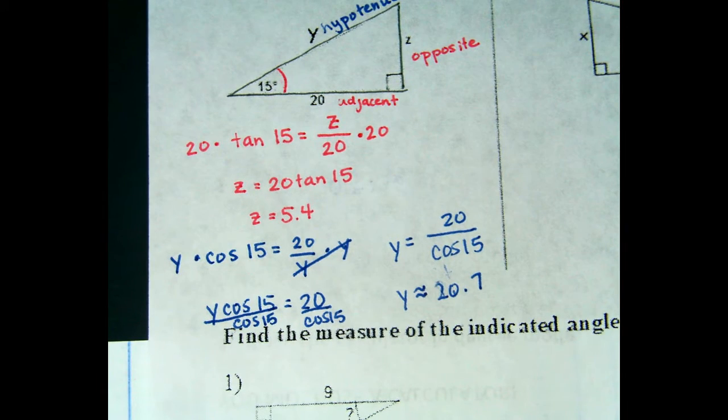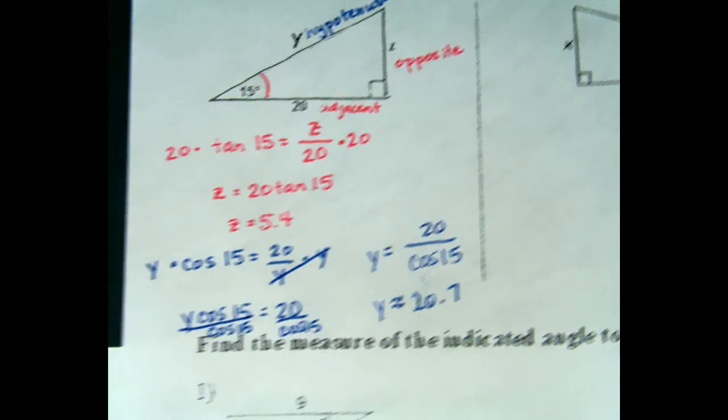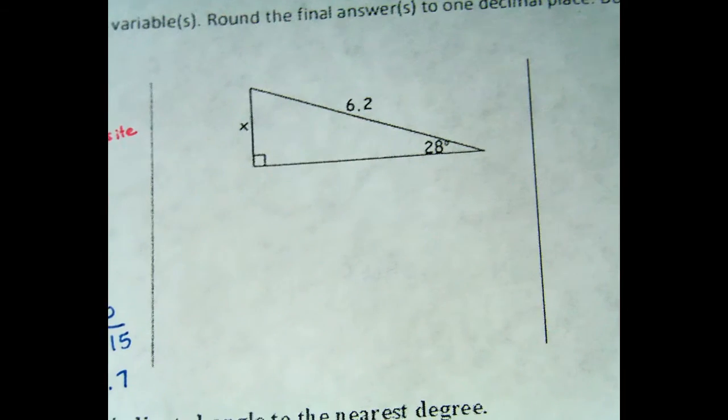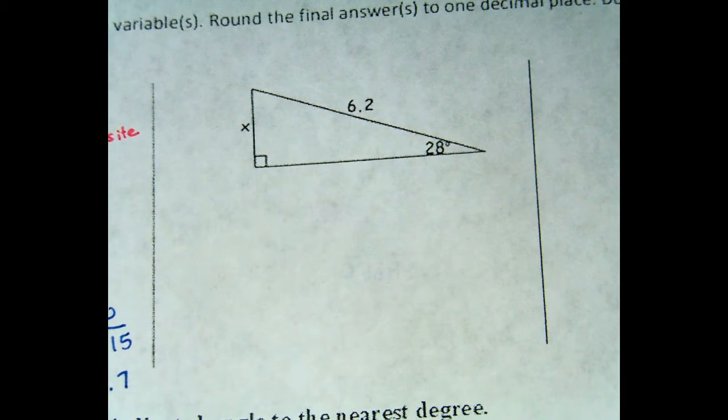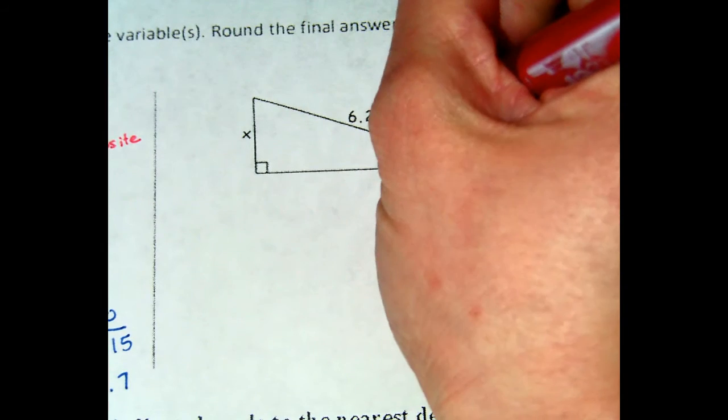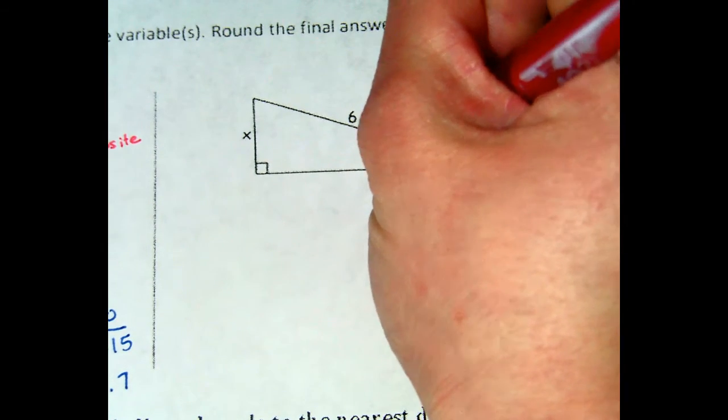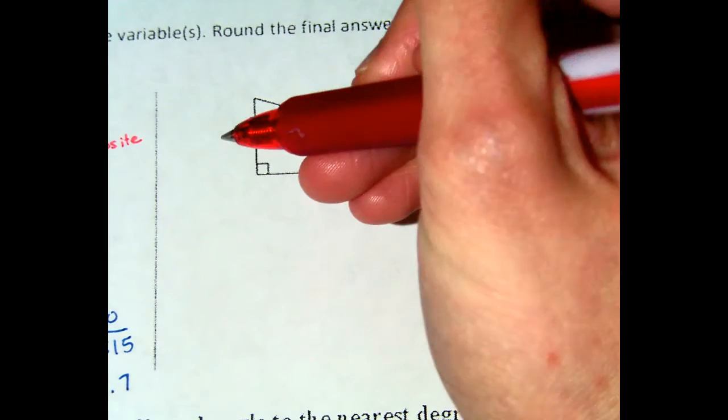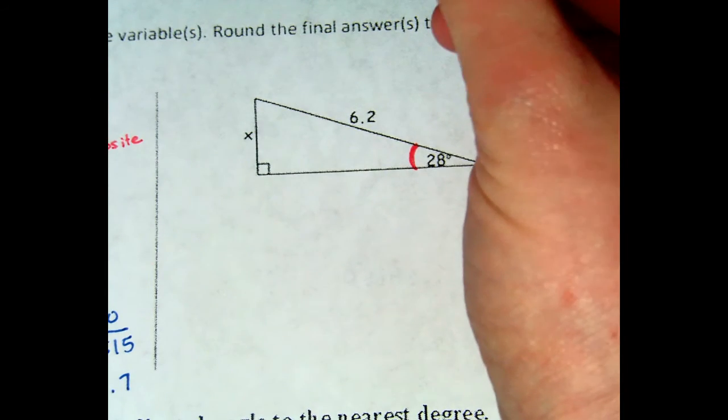Okay, let's look at the next example. We only have to find x on this example. We always start with the angle that we are given. We are given 28 degrees. What is x compared to 28 degrees?